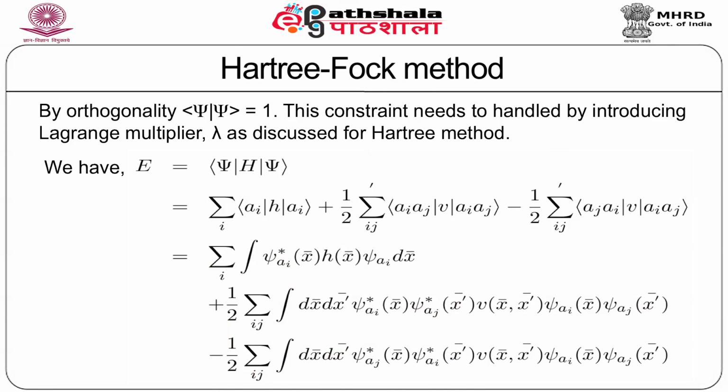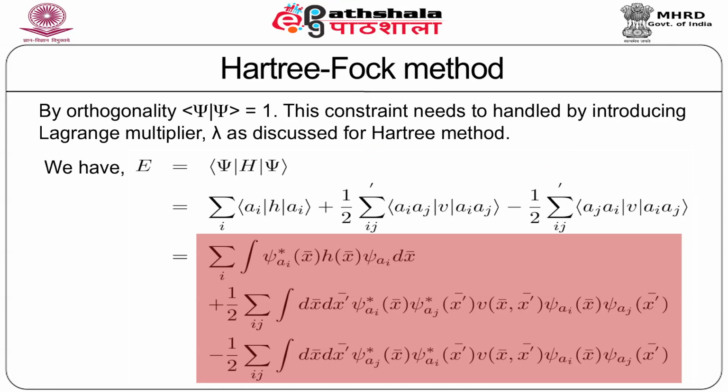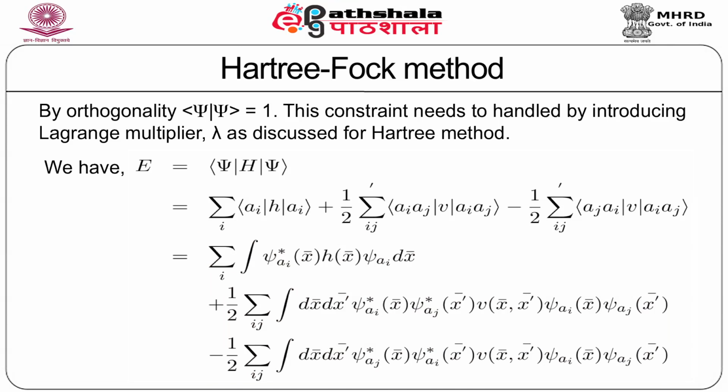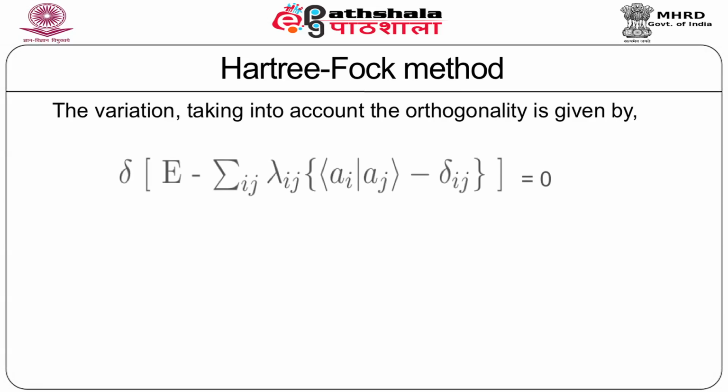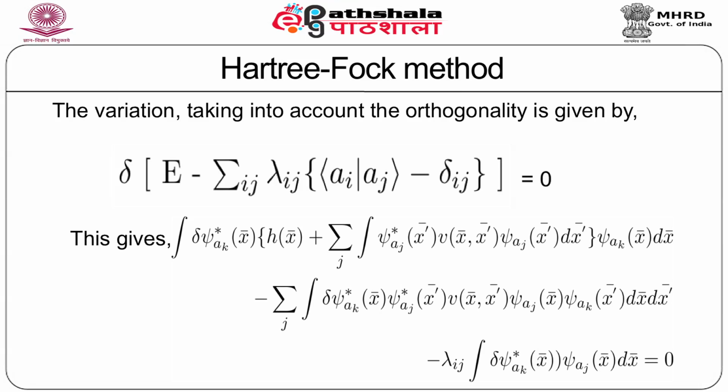In the following, we show the same expression, but now written in a wave function form. The variation, taking into account the orthogonality, is then given by this following expression. This gives the following expression, which is shown here, by expanding on the expression for the energy.